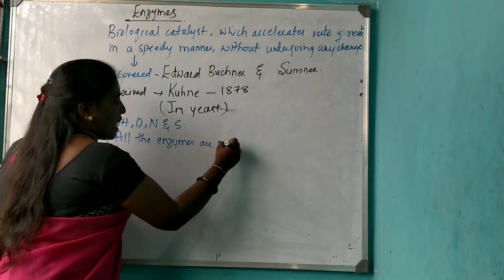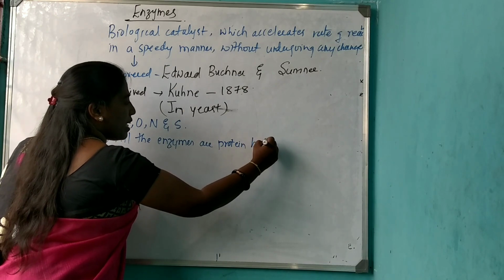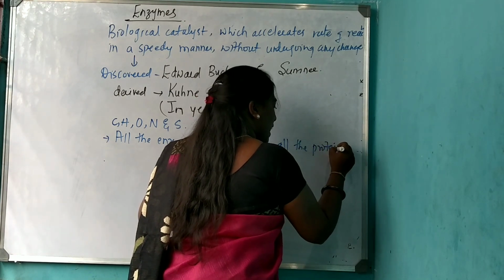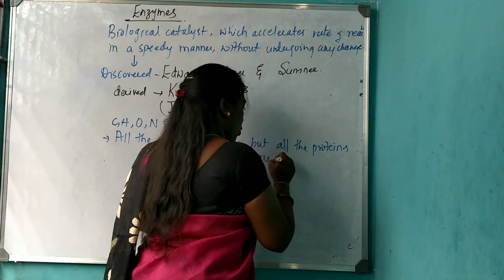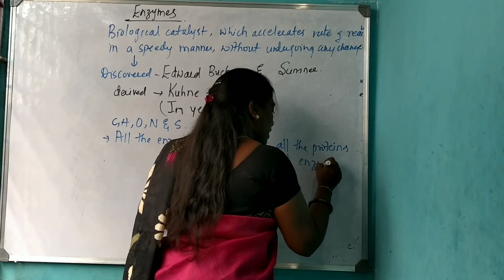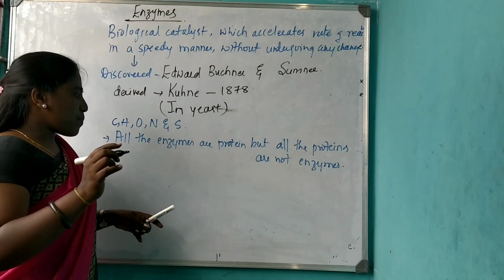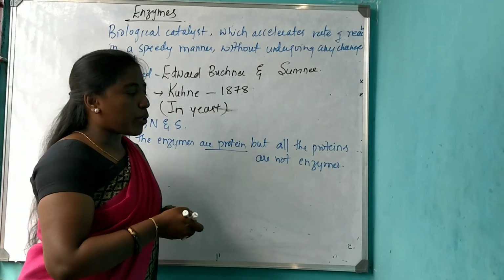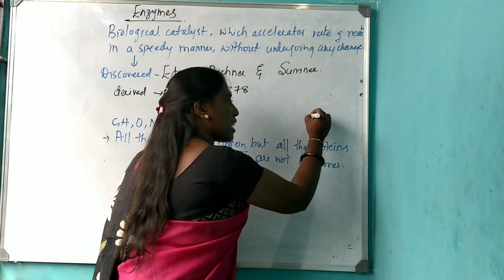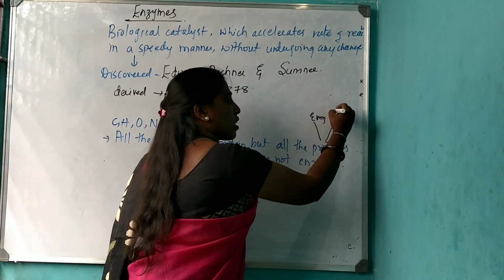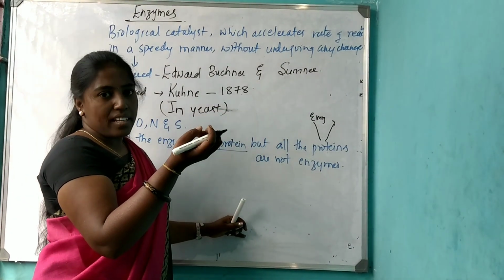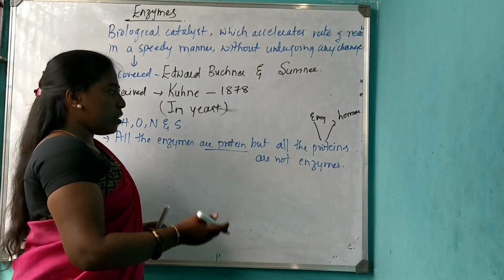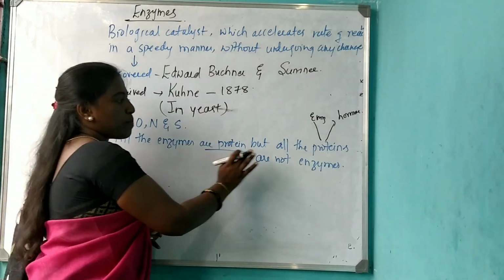But all the proteins are not enzymes, because a protein can form an enzyme, or it can form structures like hair and nails, or it can form a hormone, etc. So all enzymes are made up of proteins, but all proteins are not enzymes.